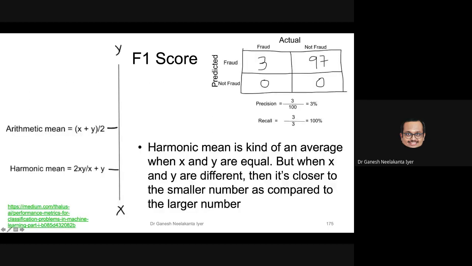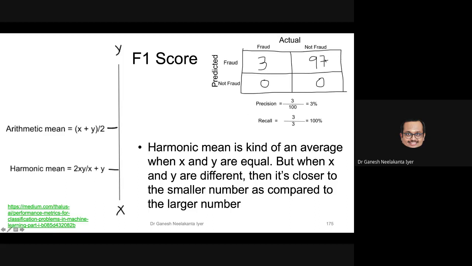Now, if you take a simple arithmetic mean of precision and recall, it becomes somewhere around 50 or something, which does not represent the precision and recall correctly. So the F1 score is a harmonic mean, like arithmetic mean, geometric mean and harmonic mean. The F1 score depends on the harmonic mean, 2xy divided by x plus y.